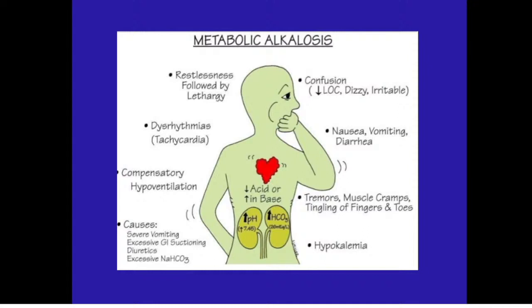This also can be followed by lethargy, confusion, and previously decreased concentration of potassium, hypokalemia, combined with tremor, muscle cramps, and sometimes compensatory hyperventilation, to compensate metabolic alkalosis by respiratory acidosis.